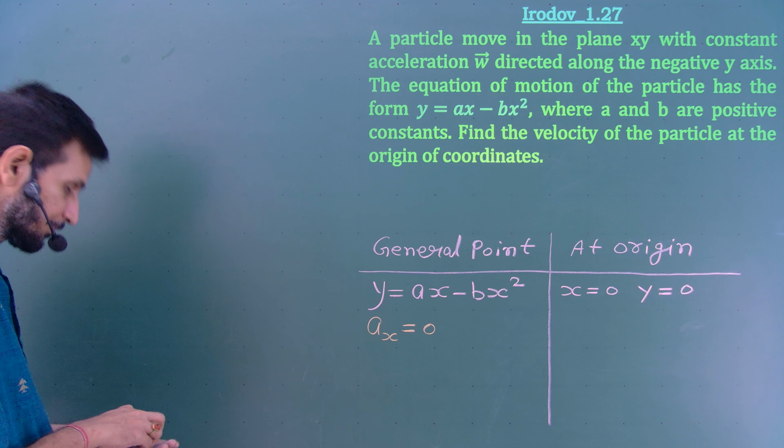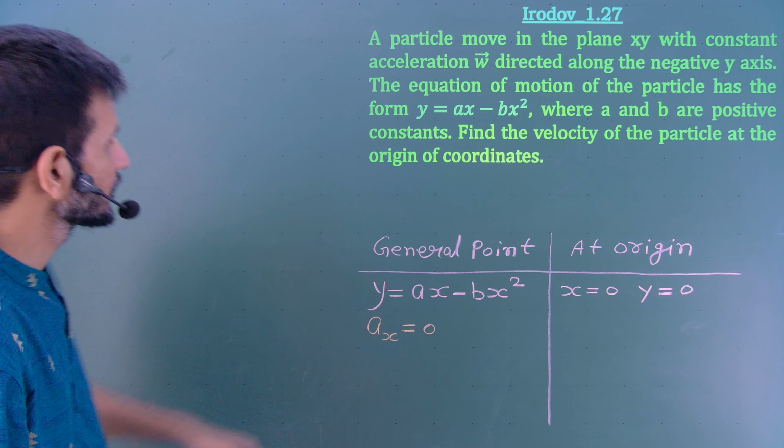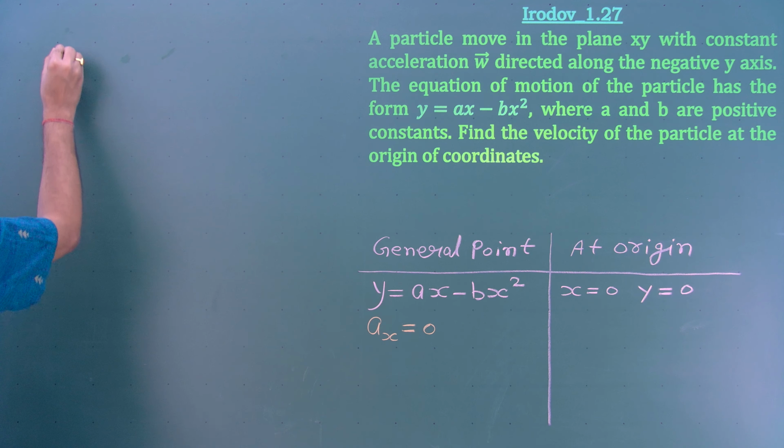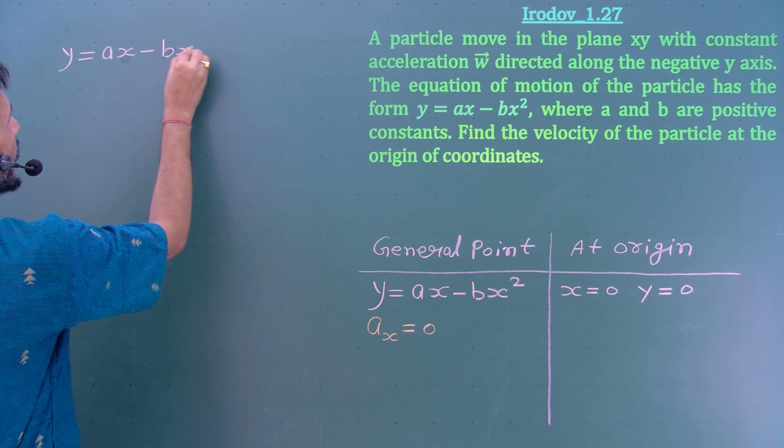How to do that? Let me differentiate this equation with respect to time. So the given equation is y equal to ax minus bx square.